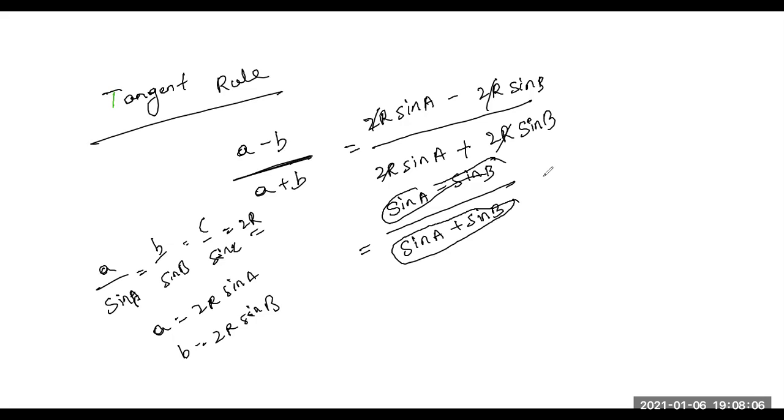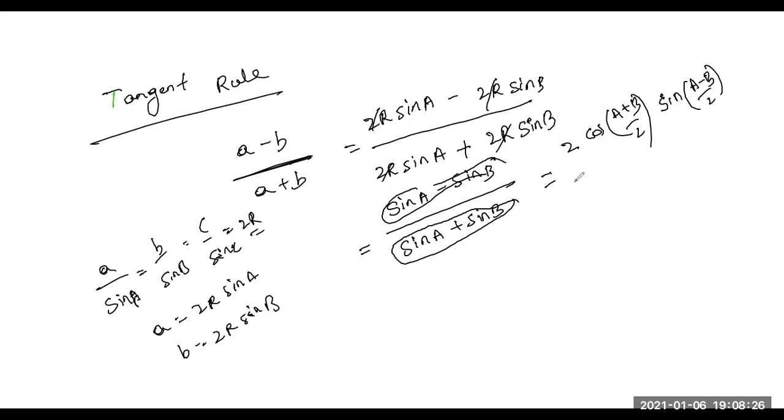To convert the subtraction into product, sine a minus sine b can be written as 2 cos (a plus b) by 2 sine (a minus b) by 2.